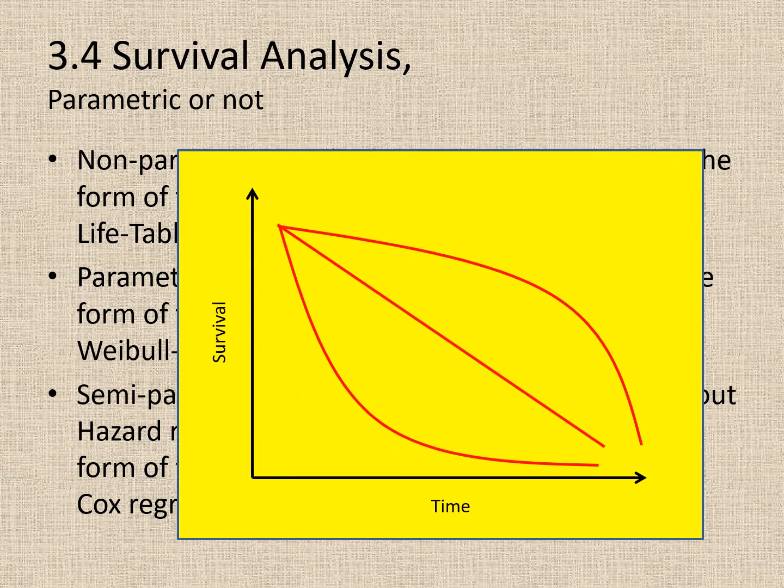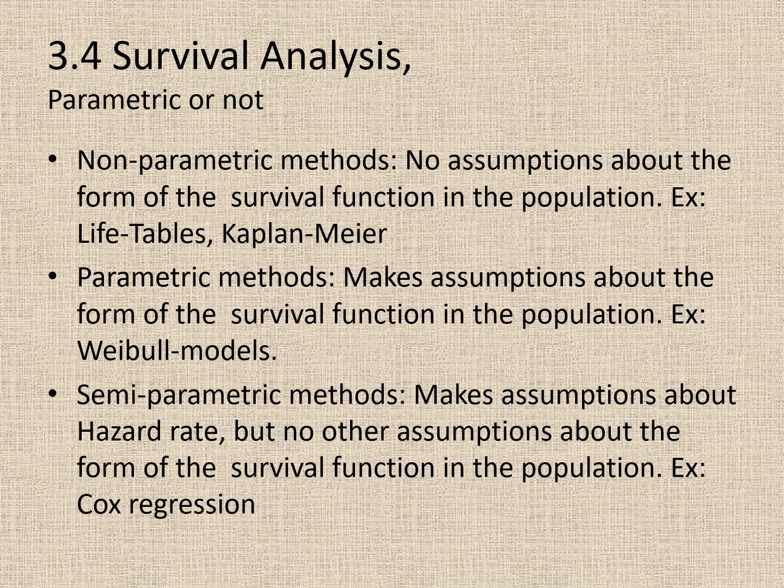Then we have our favorite here, Cox regression. A semi-parametric method. It makes no assumption about how the survival function looks in the population. However, it makes an assumption that the survival functions look the same in the groups that we are comparing with each other.